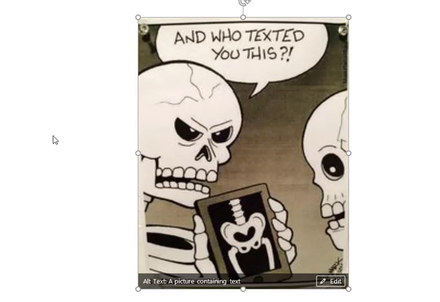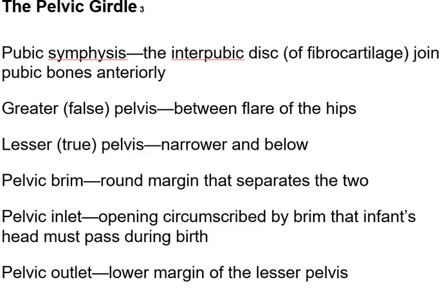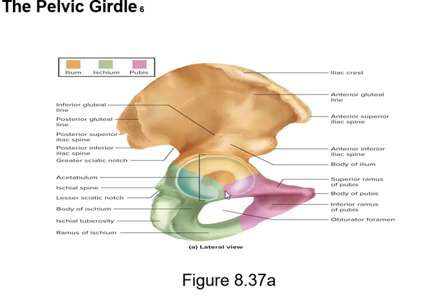I enjoyed this picture. Here's how you spell pubic symphysis. That's an F sound, symphysis. So it's fibrocartilage. I call it gristle.